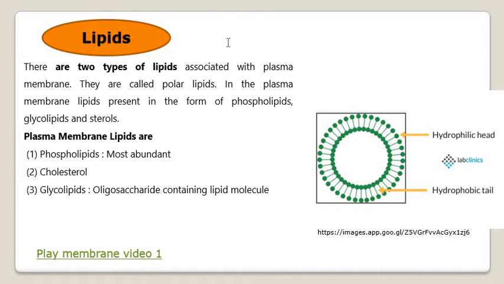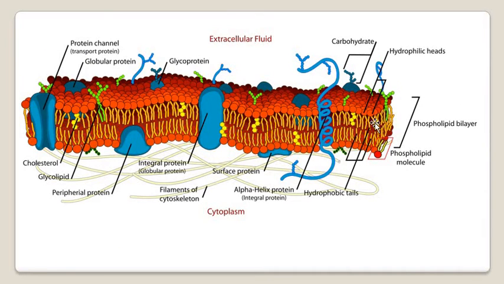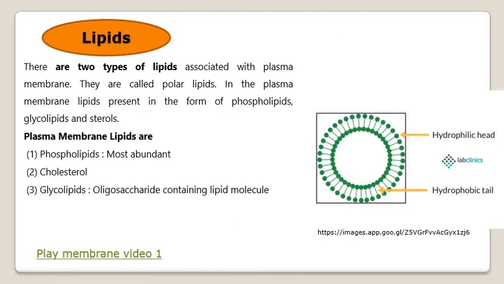But before that, plasma membrane lipids are of three types. In the plasma membrane, three types of lipids are there. Phospholipid, which is the most abundant lipid here. This entire lipid, entire head and tail portion, is said to be phospholipid, which forms the bilayer of the lipid in the plasma membrane. Then another type is cholesterol, right, and glycolipids.